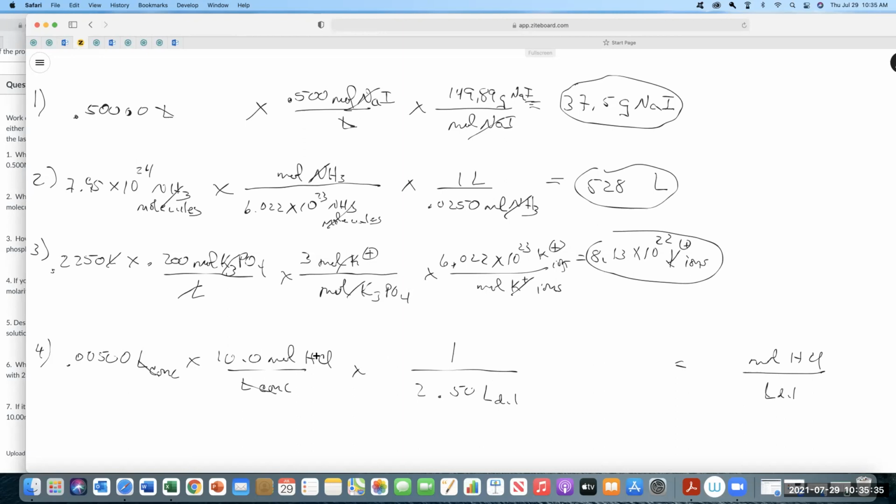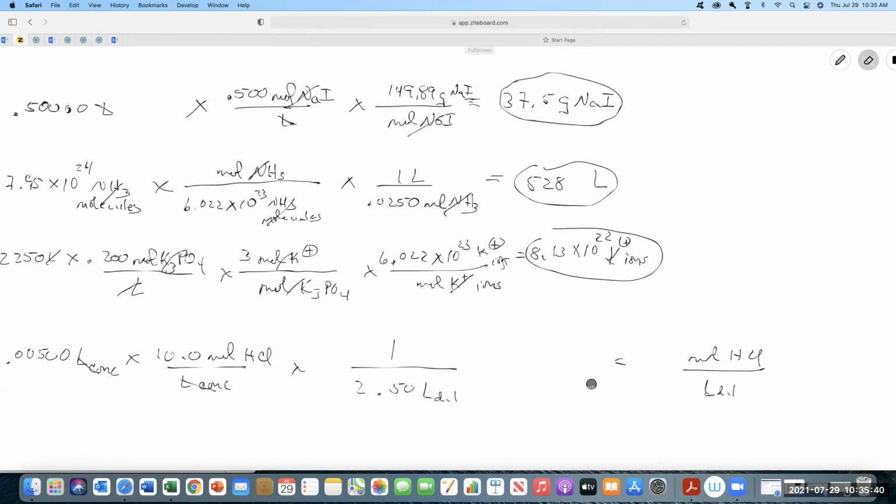The subscripts are really for you internally. When you're all done, you don't have to write liters of the dilute. So my new molarity is 0.0200.